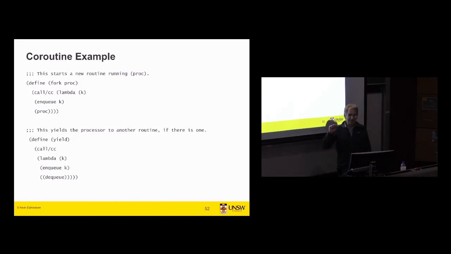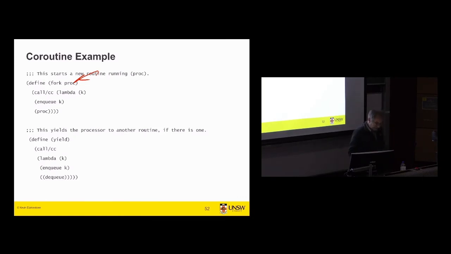Let's implement fork. Okay, so our aim in life here is that we want to fork off a new thread of control that runs process. Okay, process is the name of the function that's going to start running in the new thread of control. Okay.